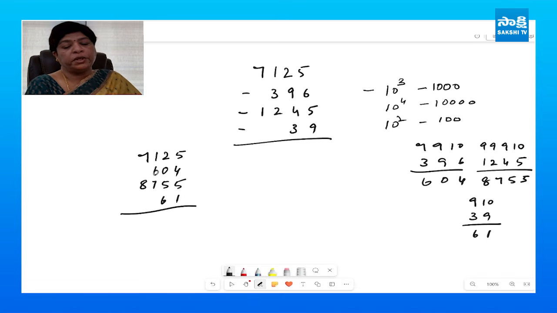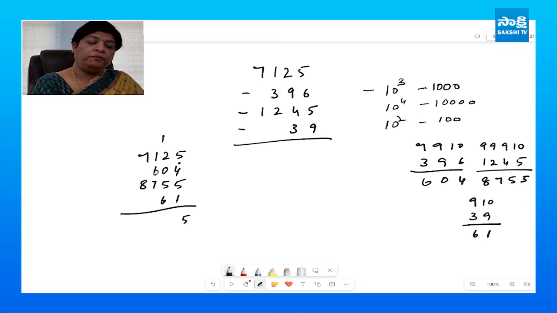Again I'm going to use the Sudhikaran Sutra to add these numbers. 1 plus 5 is 6, 6 plus 4 is 10, so dot plus 0, 0 plus 5 is 5, 1 dot, 1 carry, 6 plus 5 is 11, so dot plus 1, 1 plus 2 is 3, 3 plus 1 is 4, 1 dot 1 carry, 7 plus 6 is 13, dot plus 3, 3 plus 4, 4 plus 1, 5, 1 dot 1 carry, 8 plus 7 is 15, dot plus 5, 5 plus 1 is 6, 1 dot 1 carry.